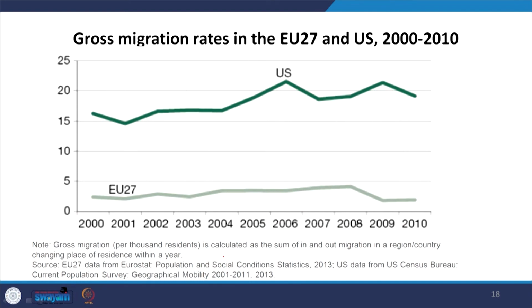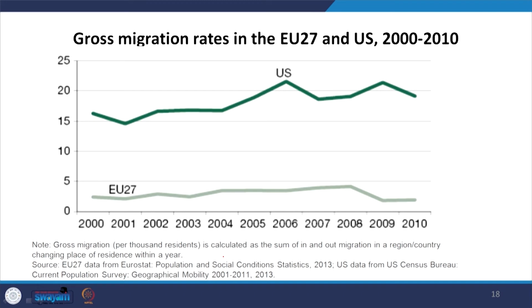Now, it is visible from this estimation by the author using the data of Eurostat of the 27 EU members that the EU 27 gross migration rates are almost stable and even negative in recent years. Okay, especially from 2008-9 due to the financial crisis. But in the US there is an upward movement in this period from 2000 to 2010. All right.